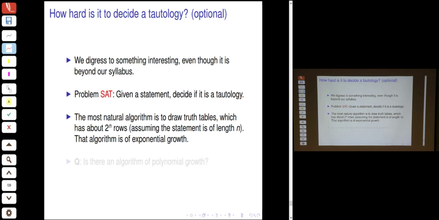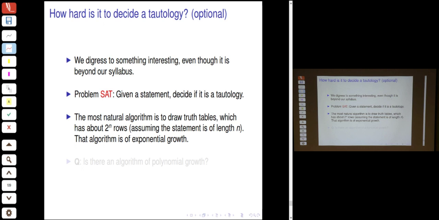Otherwise, it's not, right? But usually, if a statement is of certain length, say length n, the truth table has 2 to the n many rows. There are lots of combinations because true, false, true, false. Suppose you have P and Q, the truth table has 4 rows.